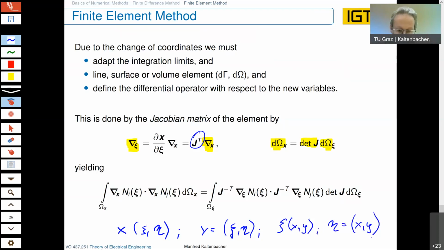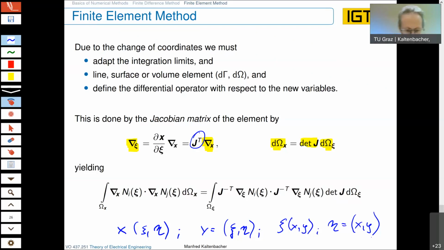And clearly we cannot compute these derivatives, so the gradient of the basis functions with respect to the global coordinates. That's not possible, yeah, because we just have our basis function on the local coordinates of our unit cube, which is psi, eta, and in 3D we also have theta.